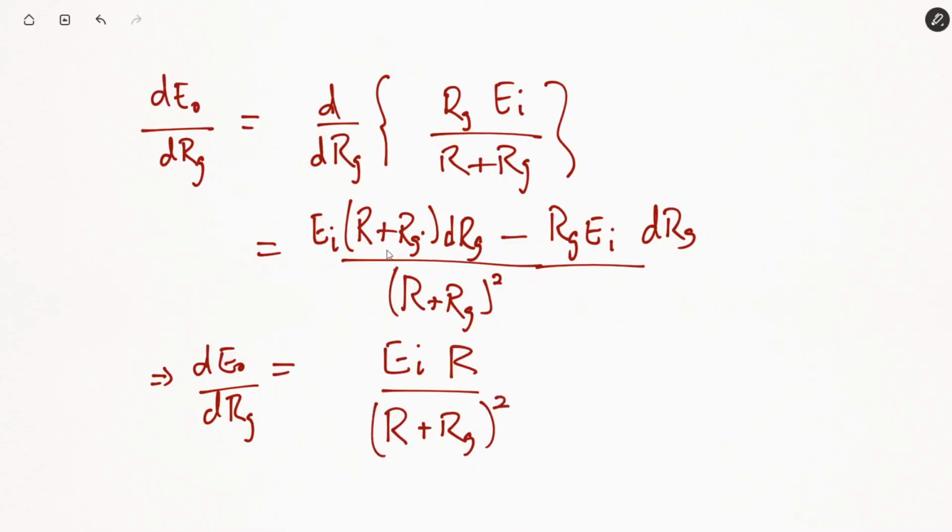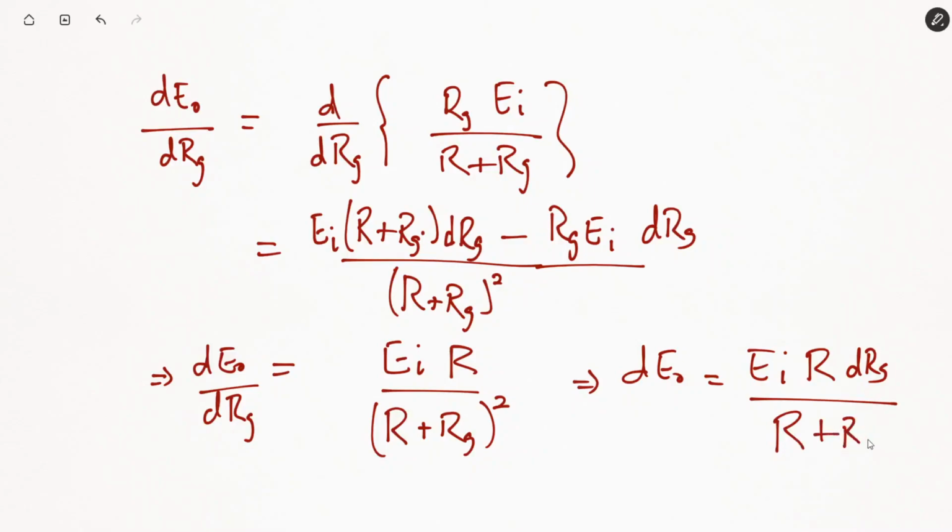EI Rg minus EI Rg will cancel out, and since we are differentiating with respect to dRg, the dRg term will be equal to 1 here. So in other words, dE naught is equal to EI R dRg divided by R plus Rg whole square.